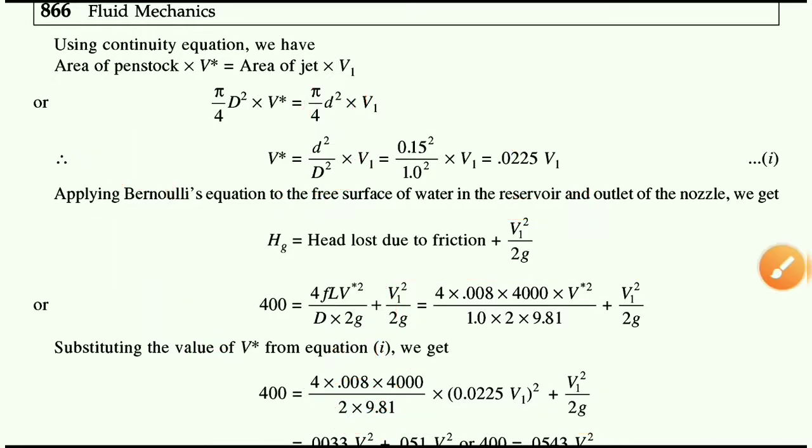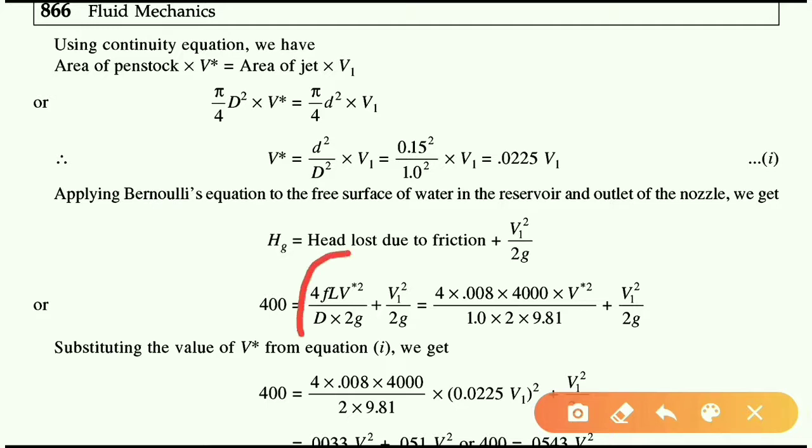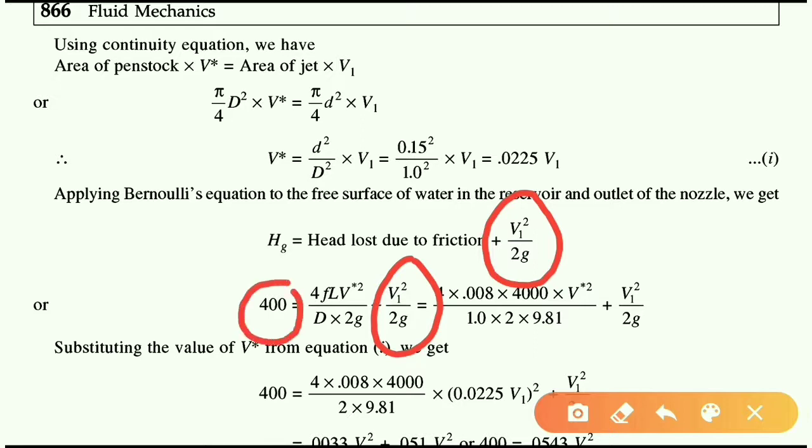What is the Darcy-Weisbach formula for calculating the frictional losses in the pipe? It is equal to 4 f L V square upon capital D multiplied by 2g, plus the value for the net head, and it is equal to the total gross head.